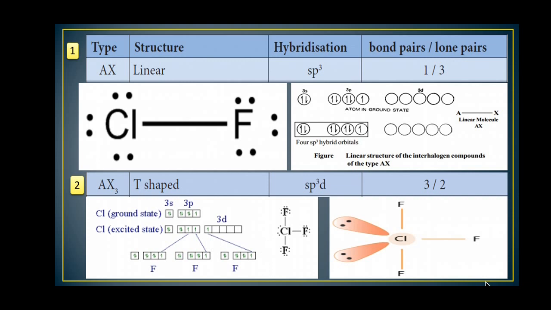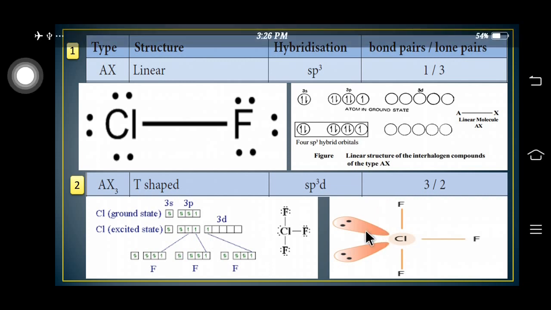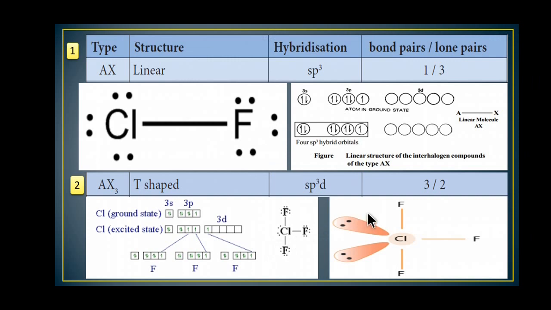Next we are going to discuss bond pairs and lone pairs. The bond pair electrons between the atoms Cl and F: 1, 2, 3 bond pairs. And there are 2 lone pairs and 3 bond pairs in the type AX3, that is ClF3.